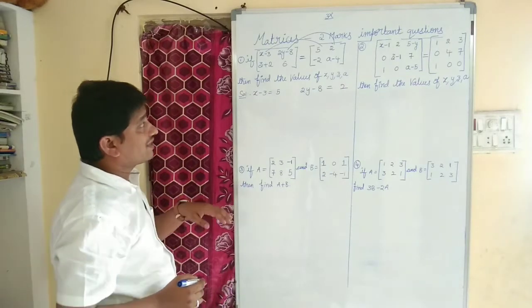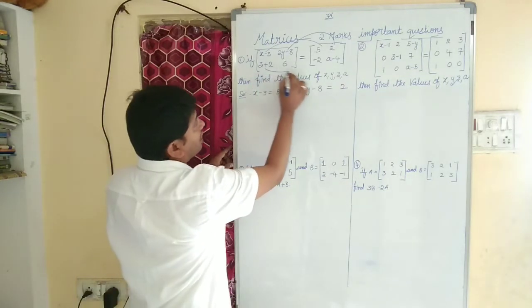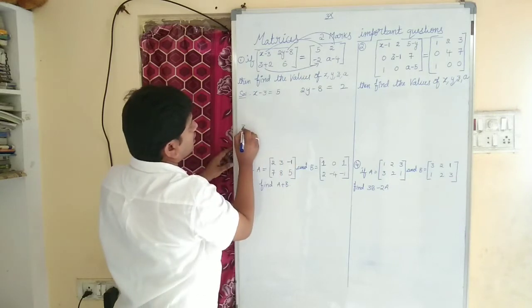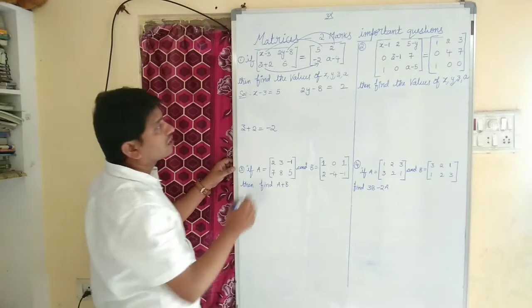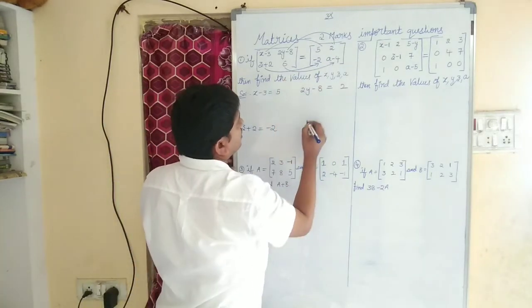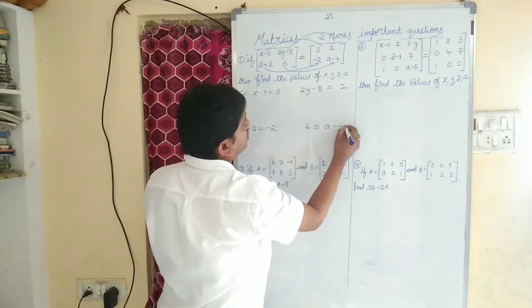As well as the corresponding element of z plus 2 is minus 2, and the corresponding element of 6 is a minus 4, children.